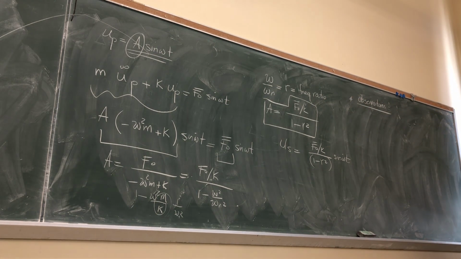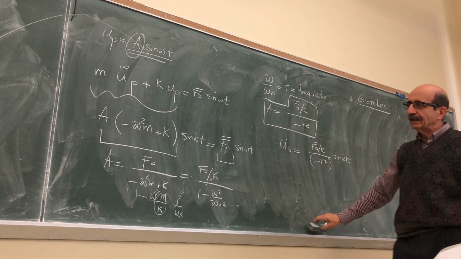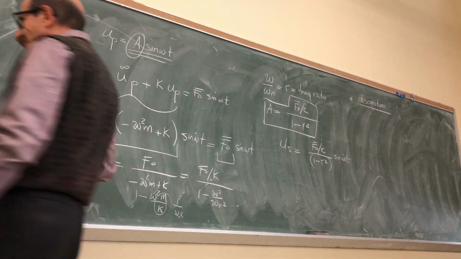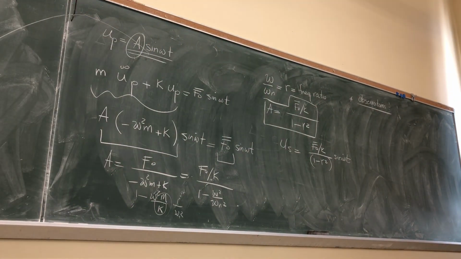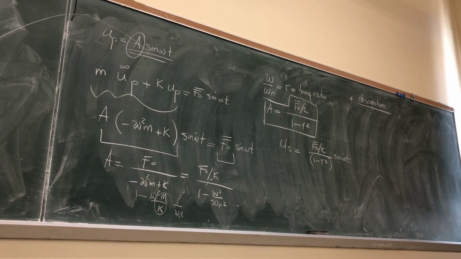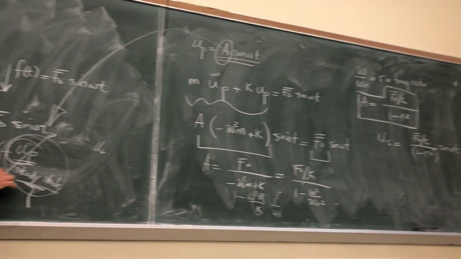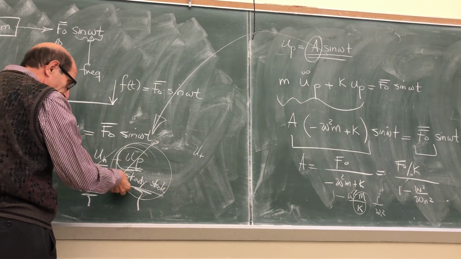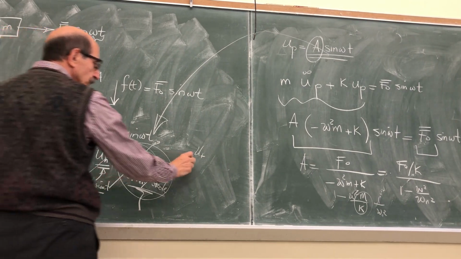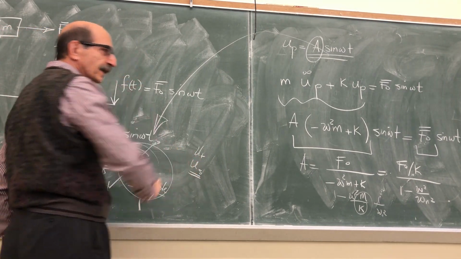Yes? So that's for the steady state solution? Not the particular? Well, good point. A steady state and particular are the same. What I should have said is that the homogeneous part we call U sub t, the transient, and the steady state part, or the particular solution, we actually call U sub s.